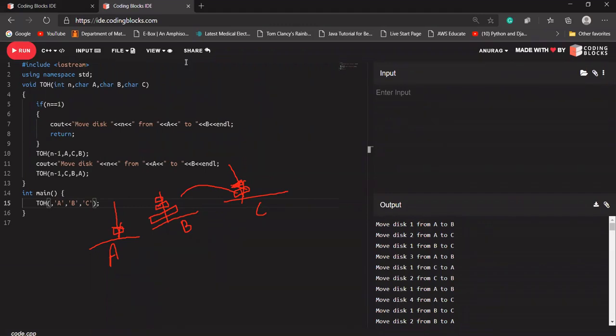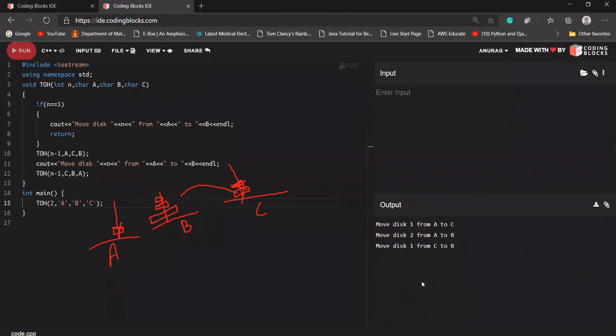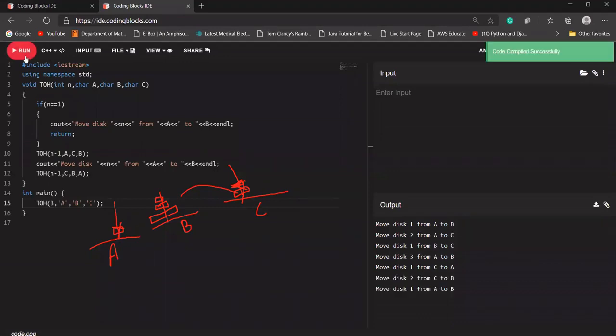Let's say if I write 2 here, the number of operations we get is 3, and if I write 3 here, the number of operations is 7.